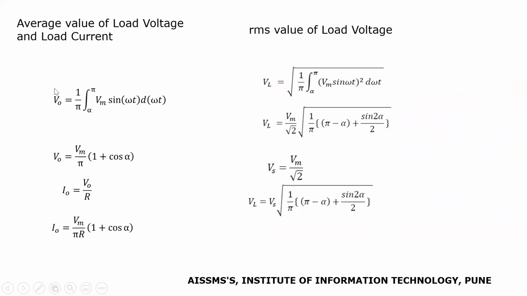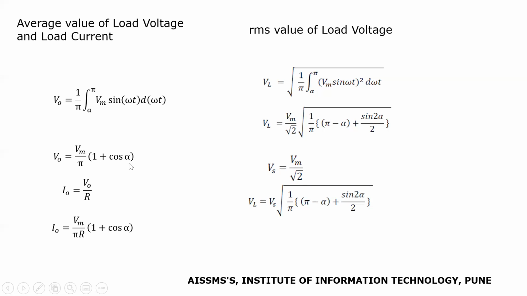So when we find the average output voltage, it is given as V0 is equal to 1 upon pi integration from alpha to pi Vm sine omega t d omega t.